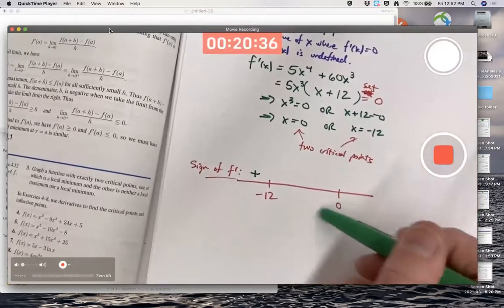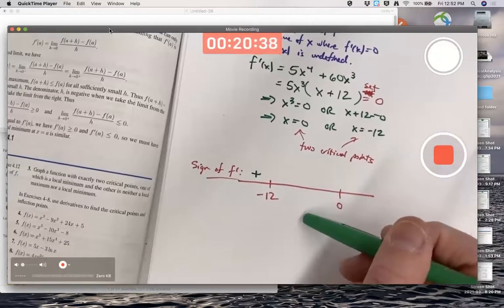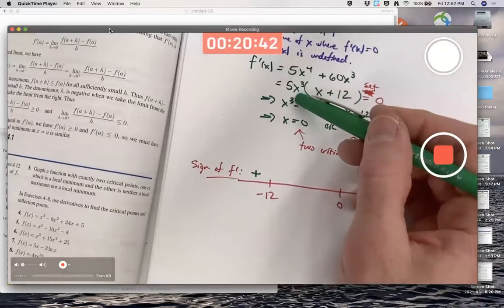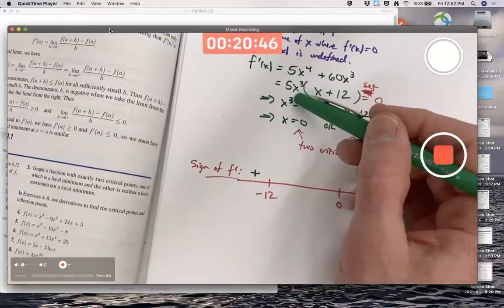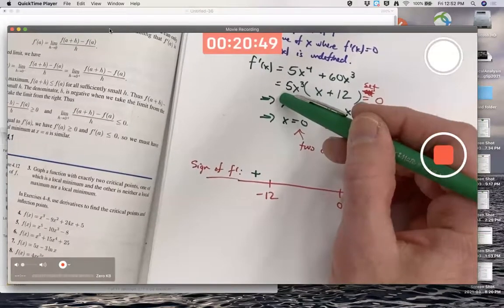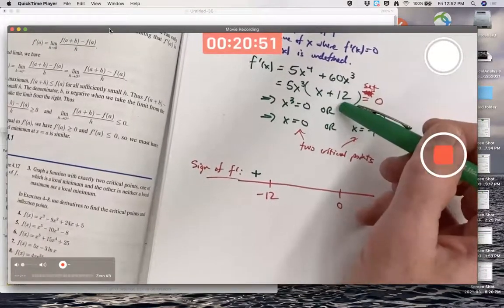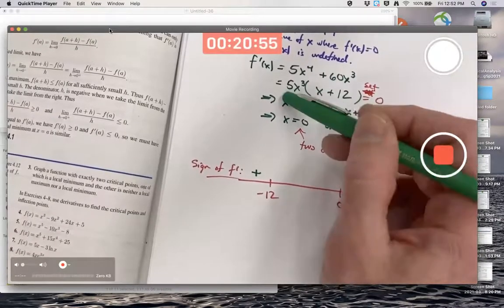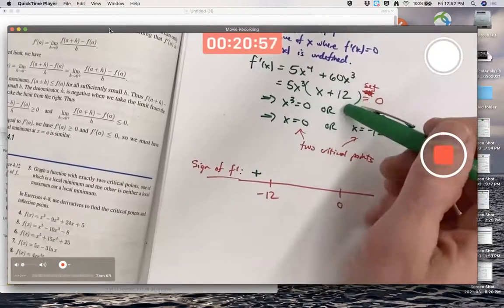I get a positive times a negative is positive. Now plug in something between negative 12 and 0, like negative 6. Or just imagine plugging in. Negative 6 cubed is negative. Times positive 5 is still negative, but then negative 6 plus 12 is positive 6. Negative times positive is negative.